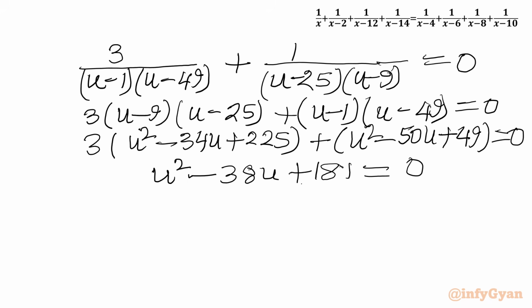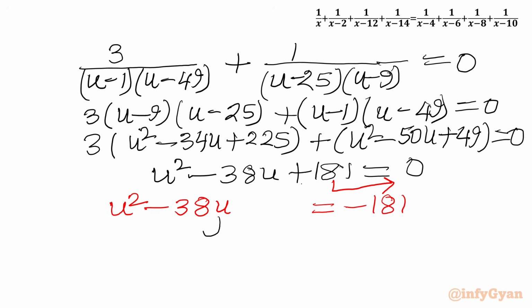I am going to use the completing the square method. So I need to take plus 181 to the RHS. So we will write u square minus 38u in left hand side and minus 181 in right hand side. Now we have coefficient of u, it is minus 38. Half of minus 38 is minus 19.